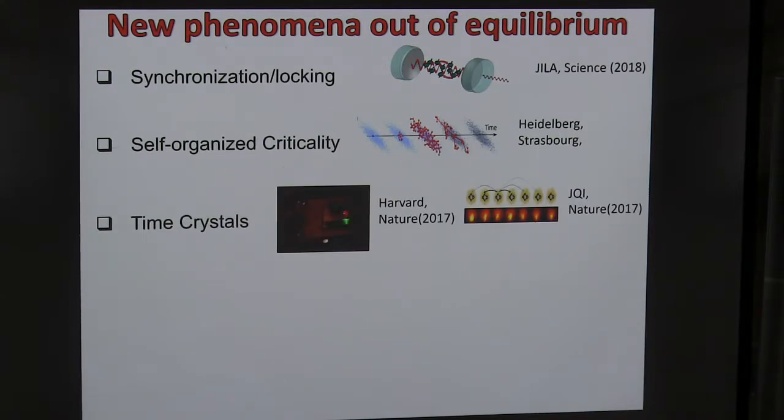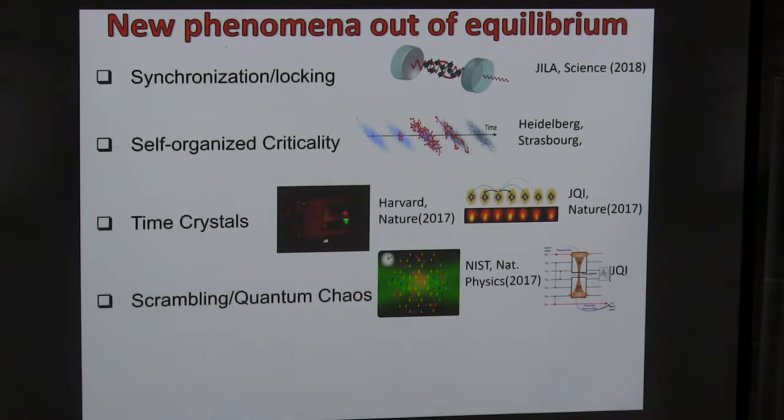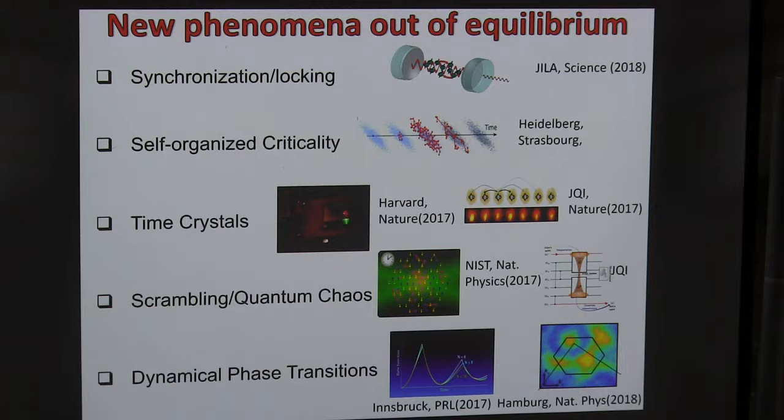Here at Harvard and also at JQI, we have seen new states of matter, the time crystals. There have been experiments in trapped ions that have seen scrambling and quantum chaos. And also, there have been recent experiments in trapped ions and in bosons in Hamburg that have seen dynamical phase transitions. That is going to be the topic of this talk.